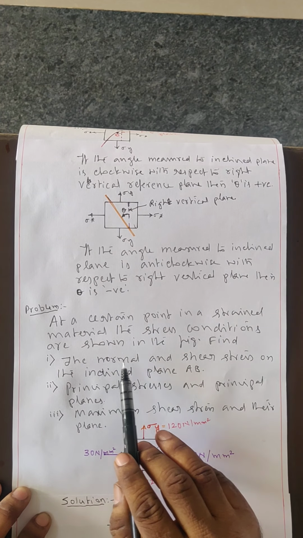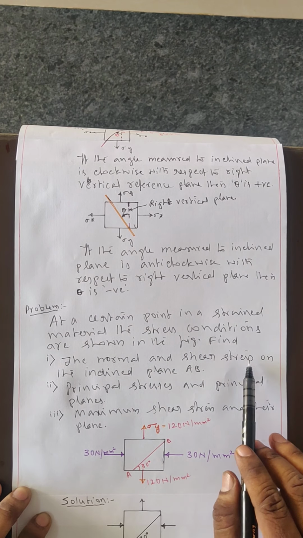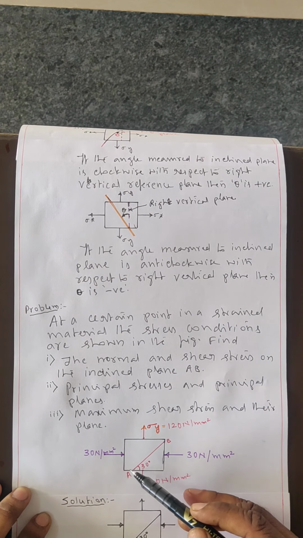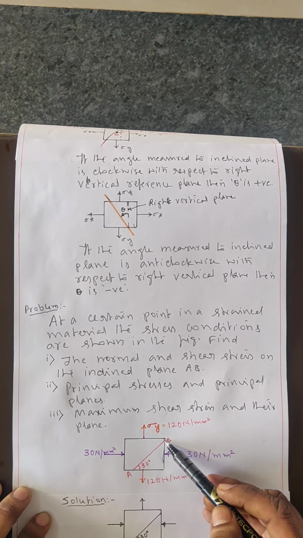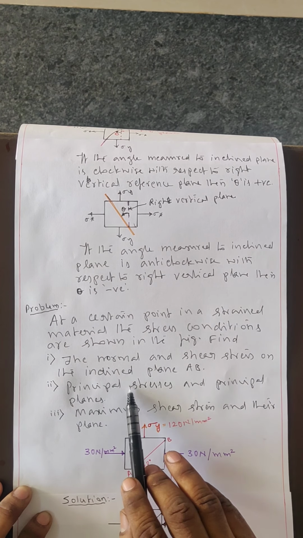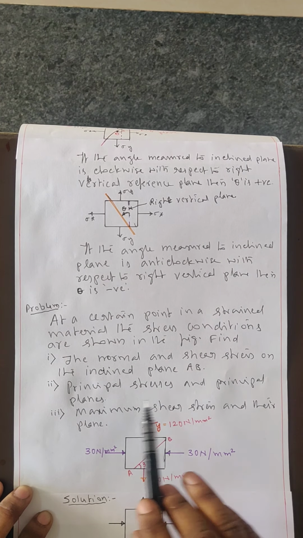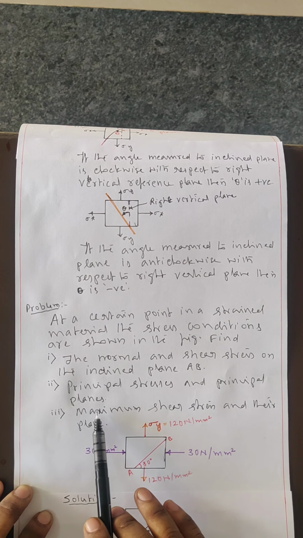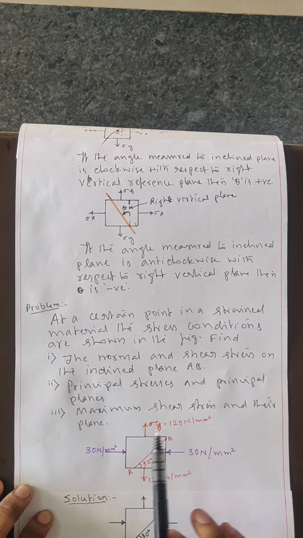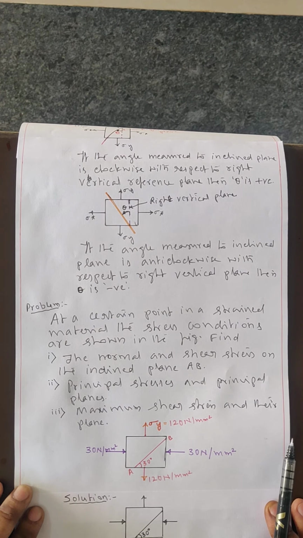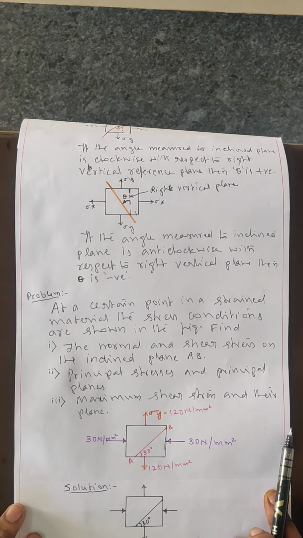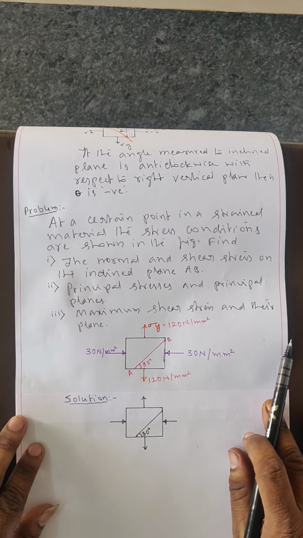Find the normal and shear stress on the inclined plane AB. Second one is principal stresses and principal planes. Third one is maximum shear stress and their planes. This is the problem asked in the exam. Let us start this problem.